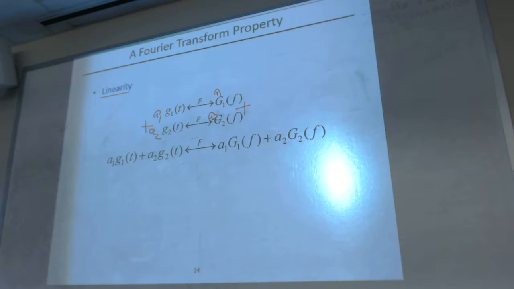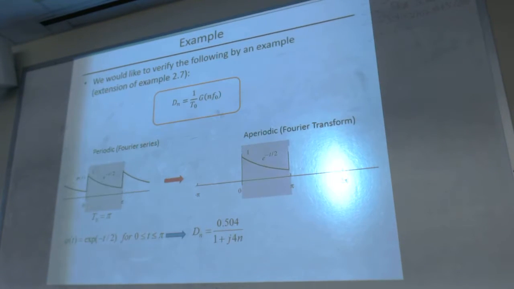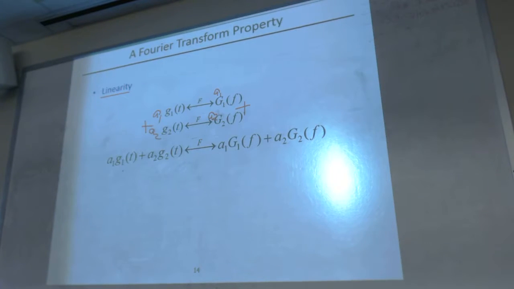And that's a very, very nice property because, just knowing these two, you can know the Fourier transform of a lot of signals by just this property. So, just an example.